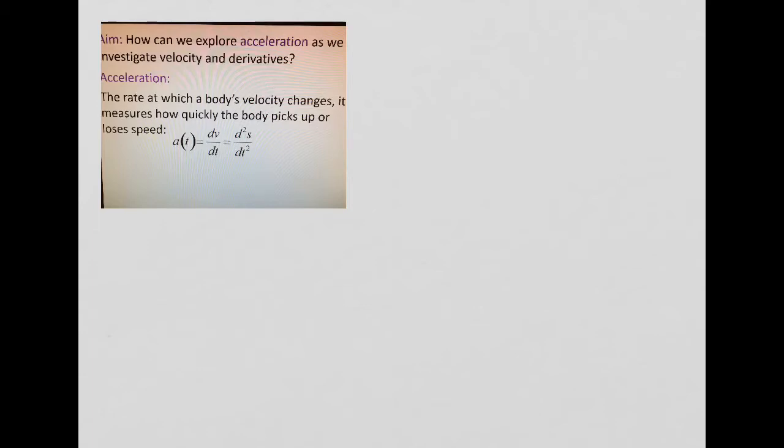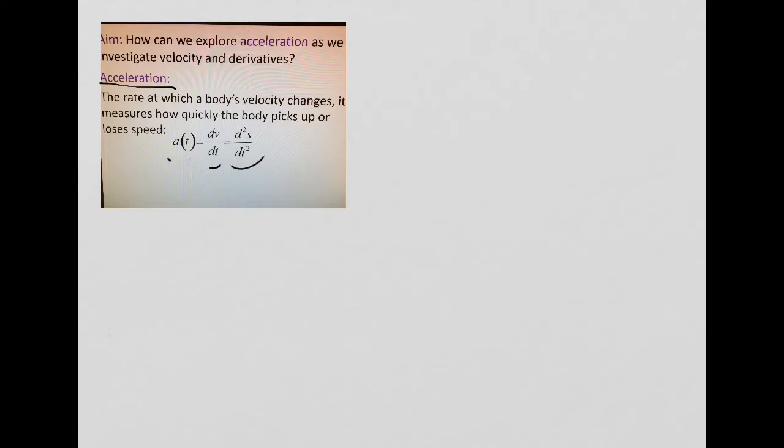So that's what you're basically seeing over here, okay, that acceleration, a of t, as a function of time, is the derivative of velocity with respect to time. And here's the notation for a second derivative, d squared s over dt squared. So it's the second derivative of position with respect to time, okay?